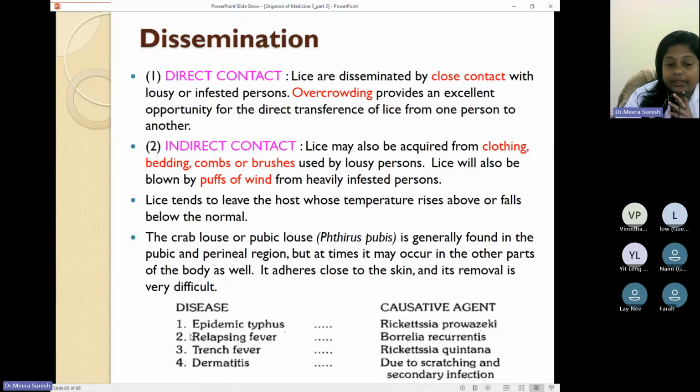So these are the diseases carried by lice. Lice are not the disease causing agents; they are just acting as the vectors for these disease causing agents.